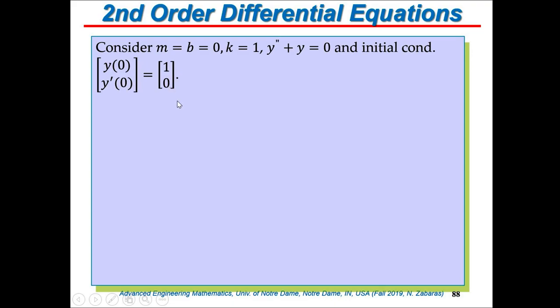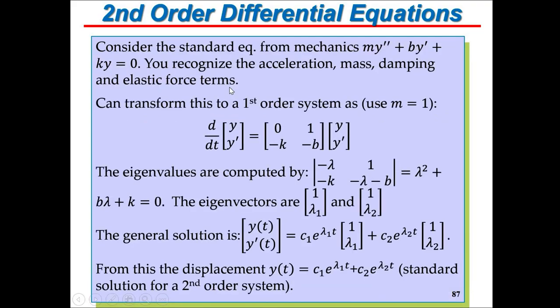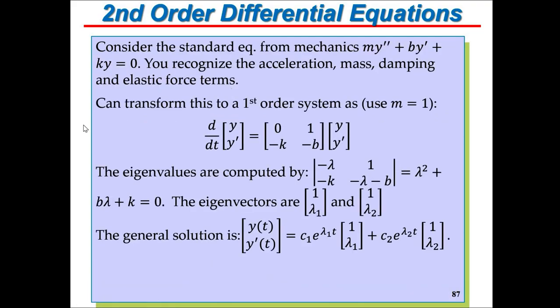Okay? And I take for convenience that the system starts at displacement 1 and with initial velocity equal to 0. So if you solve for the eigenvalues of this system, if you go back to the system of equations that I had here, 0, 1, minus k and minus b. So b will be equal to 0, all right? So k is equal to 1.